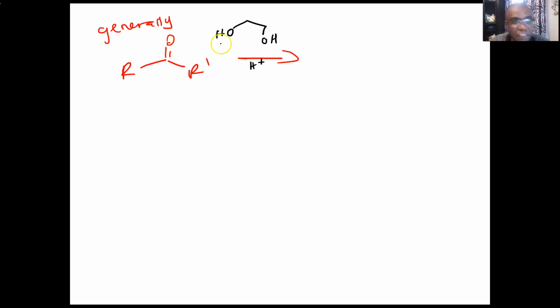Your shortcut is to forget about the carbonyl and just use the oxygen. So this and this will go, and the oxygen will go.